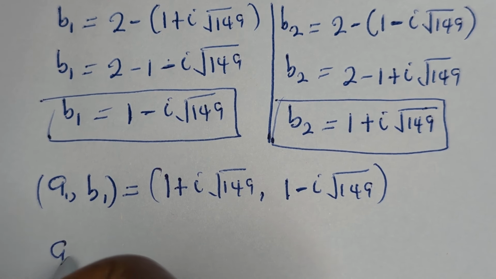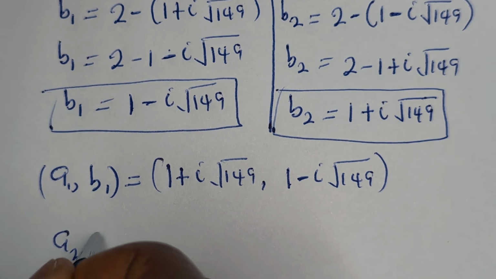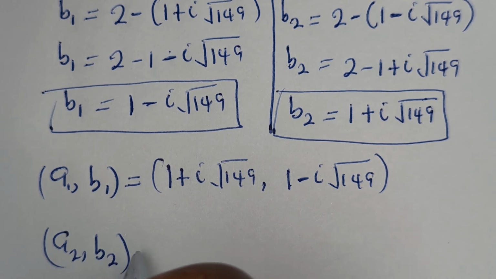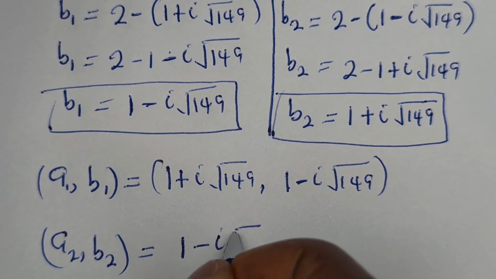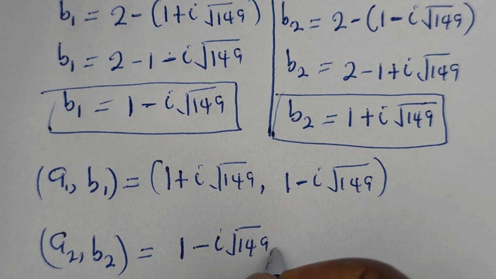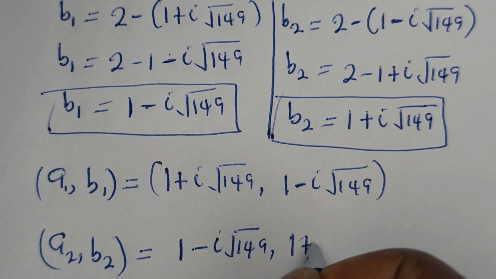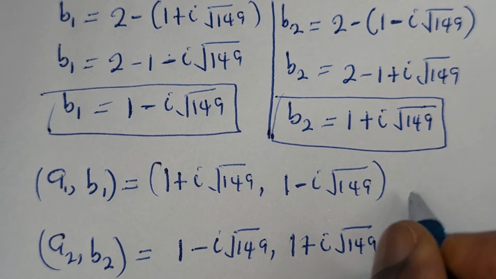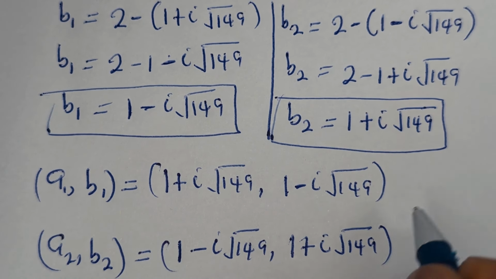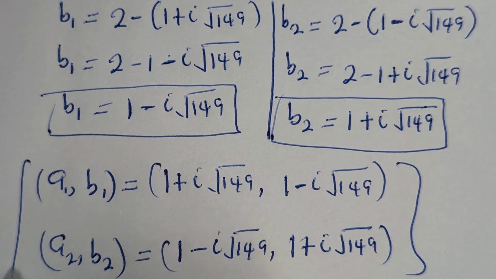Then a2, b2 is equal to 1 minus i square root of 149, 1 plus i square root of 149. These are the final answers.